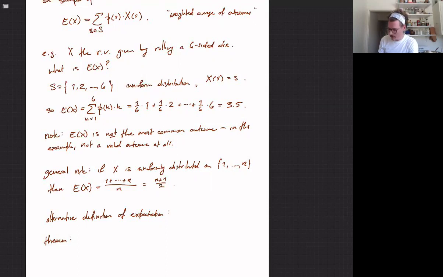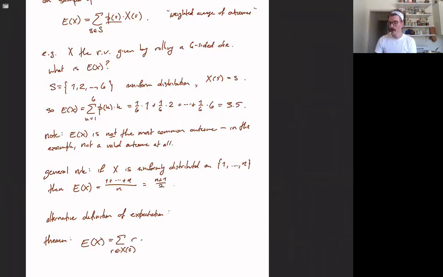But alternatively, we can sum over the outcomes, the outputs of the random variable. So sum over the elements of the image. And then the analog of the summand is that X of s is what we're calling r, which is our element of the image.